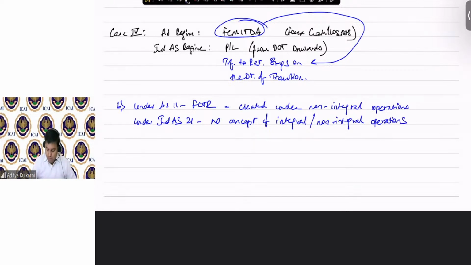No concept of integral, non-integral operations. Are we clear with this? No concept. What is there is functional currency. And when I talk about functional currency, that is Ind AS 21. So therefore, two options.